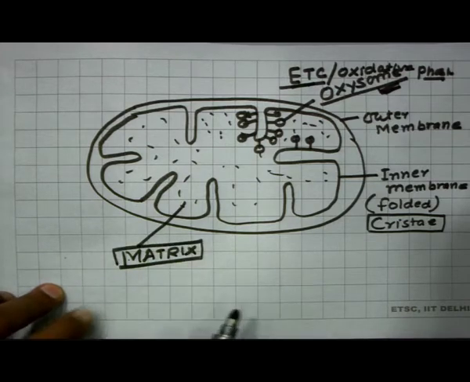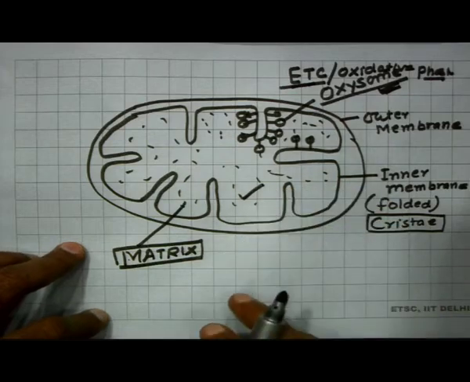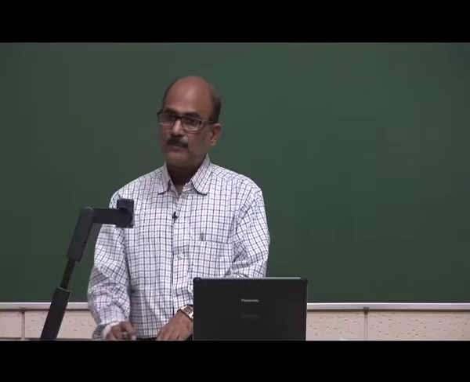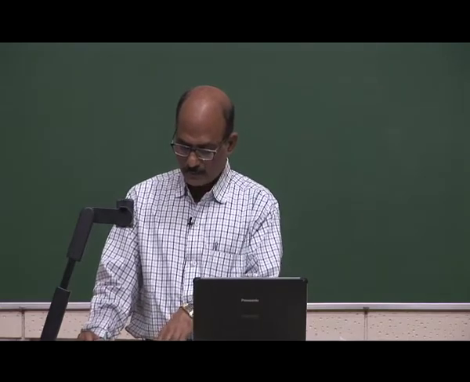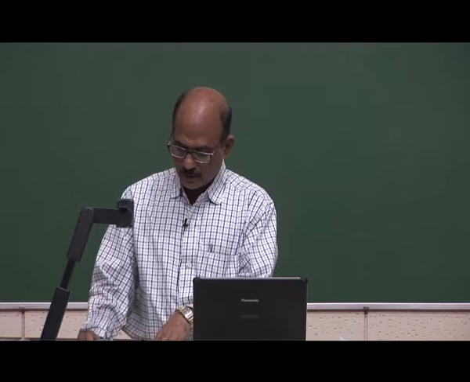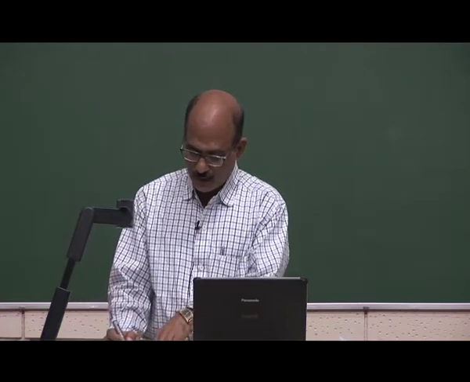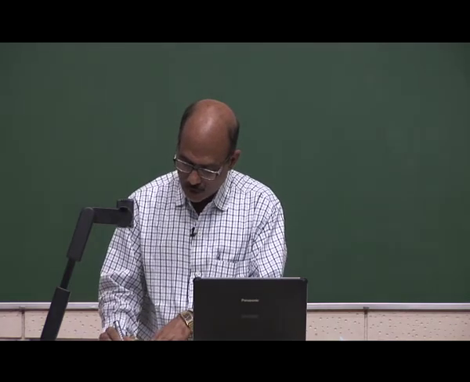In the mitochondrial matrix, all the enzymes for the Krebs cycle are present, and the electron transport chain takes place with the help of cytochromes and various types of iron, ferric and ferrous, found in the oxysome.